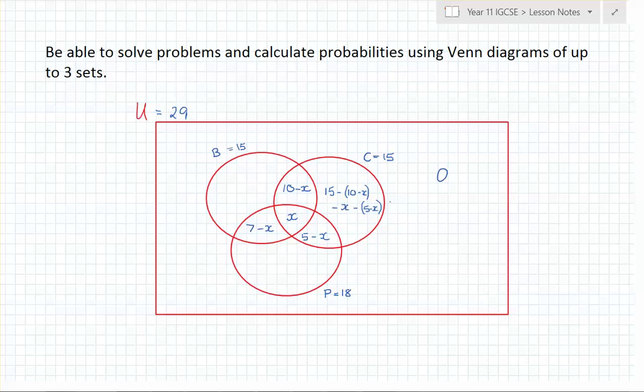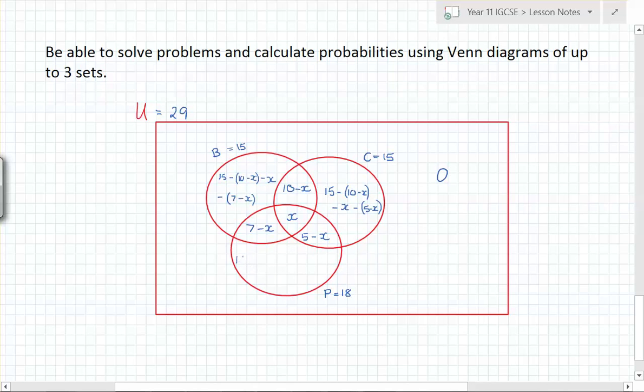So I know they haven't got that written in the circle, they've got it written underneath, but I'm going to write it. So this region would be, again, 15 minus (10 minus x). Why am I using brackets, by the way? Otherwise the negatives would just get on. Exactly. Because it's subtract a negative x, I've got to have it in brackets. And then subtract (7 minus x) again. And this one would be 18 subtract (7 minus x), subtract x, subtract (5 minus x).